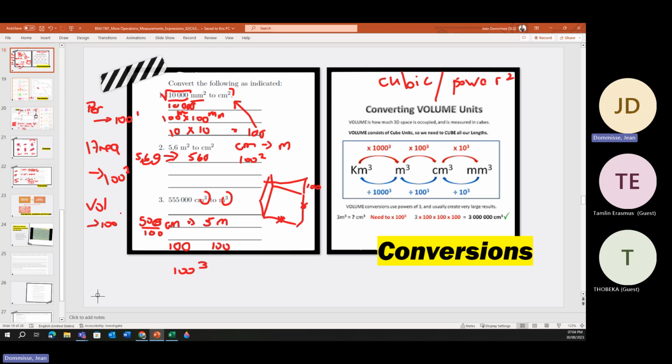Okay, so basically, because we are changing from a flat unit in the perimeter, now suddenly we've got area, so it is to the power of 2. If we go to volume, it's to the power of 3. Does that make a bit more sense?